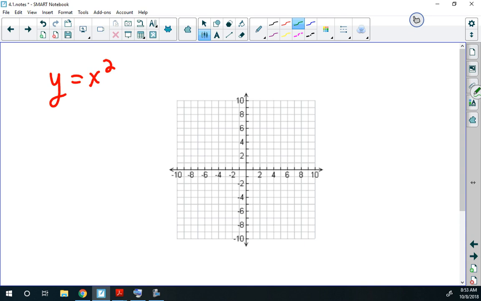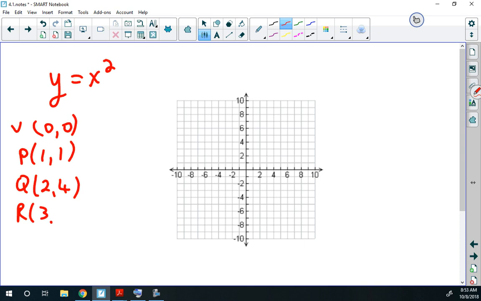You need to realize, oh, well, this is going to go through these points. It's going to go through the origin. That's actually its vertex. It's going to go through the point 1, 1. It's going to go through the point 2, 4. It's going to go through the point 3, 9.